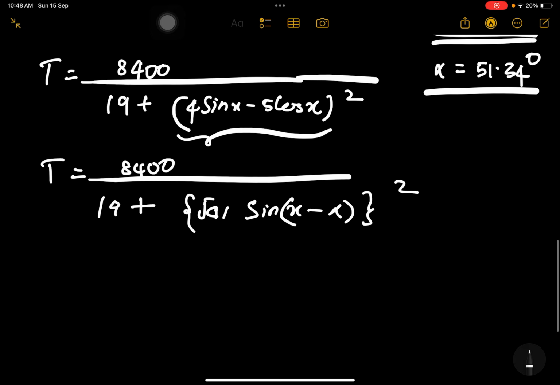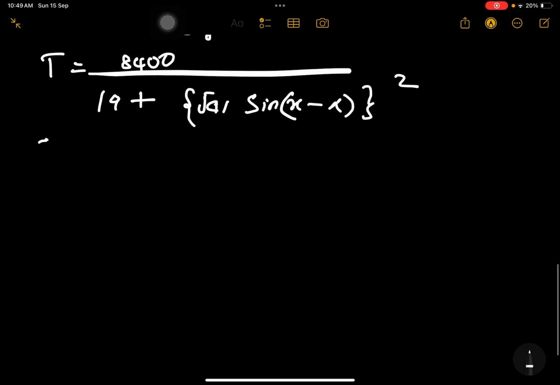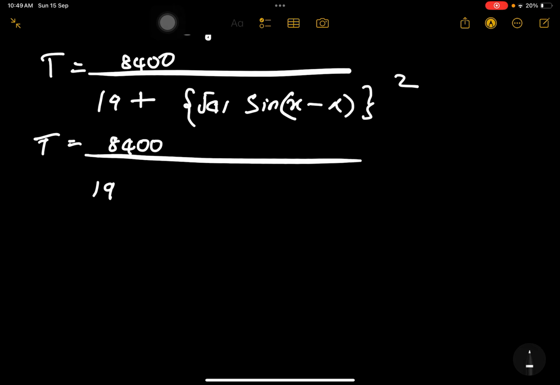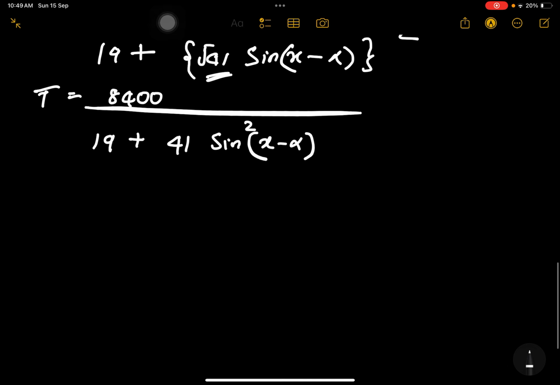So t is going to be 8400 divided by 19 plus 41 sine squared (x minus alpha). This is the equation. So there is some logical thinking we have to do to find the minimum of t.